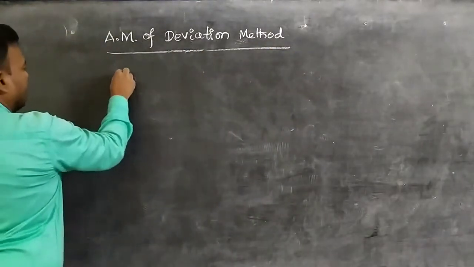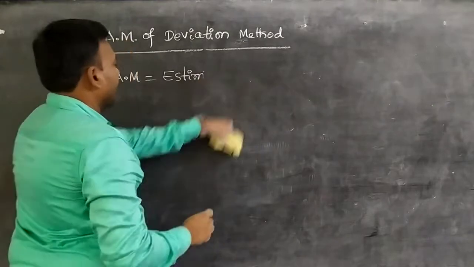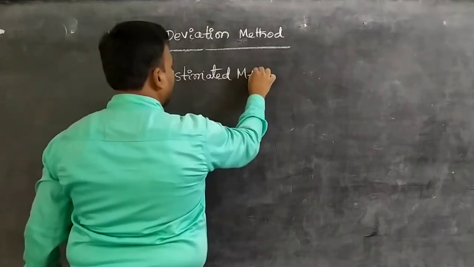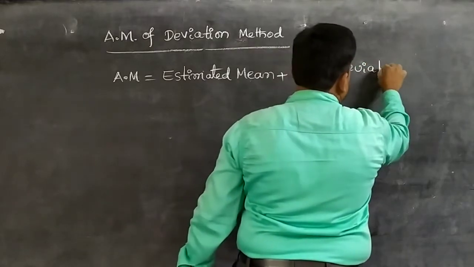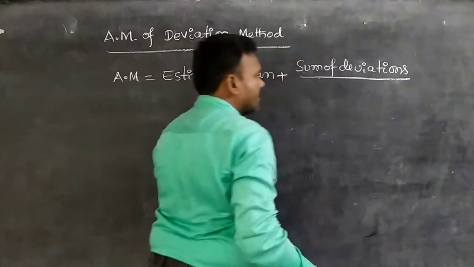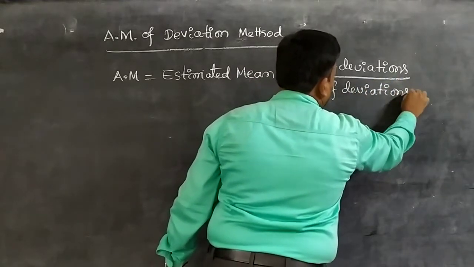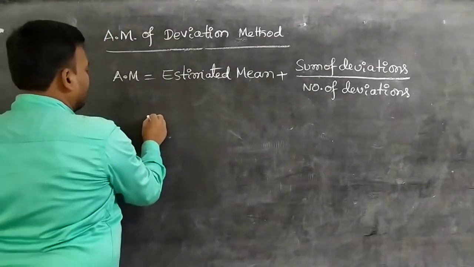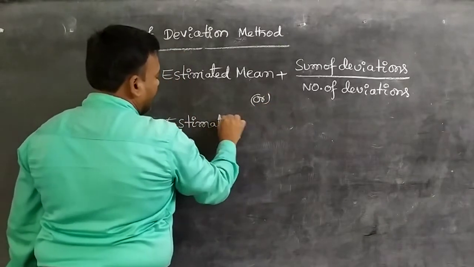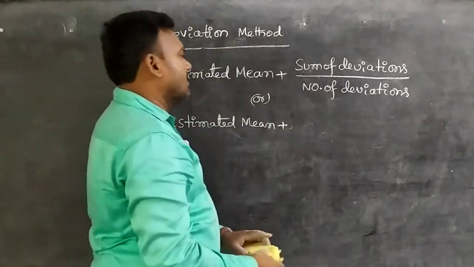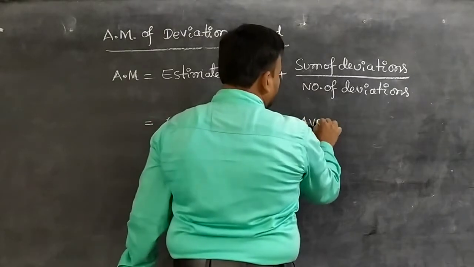Observe this formula. Arithmetic mean equals estimated mean plus the sum of deviations by the number of deviations, or in other words, estimated mean plus the average of deviations.